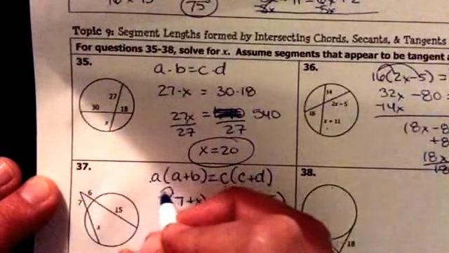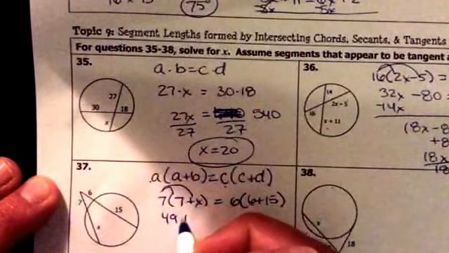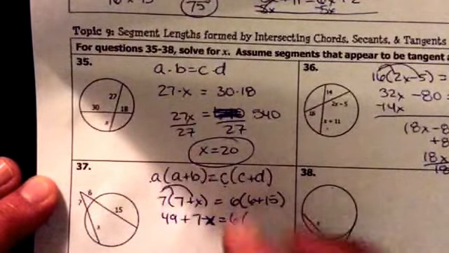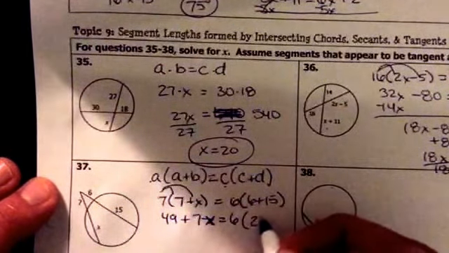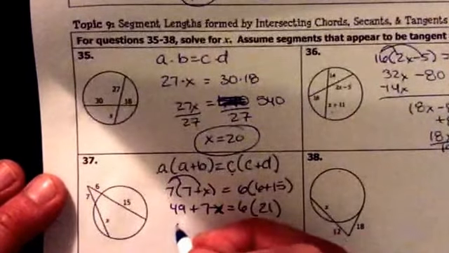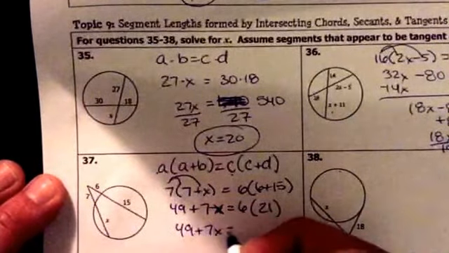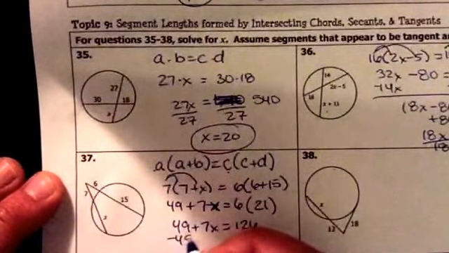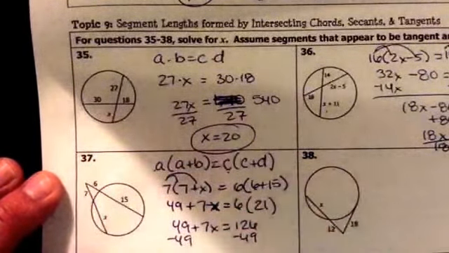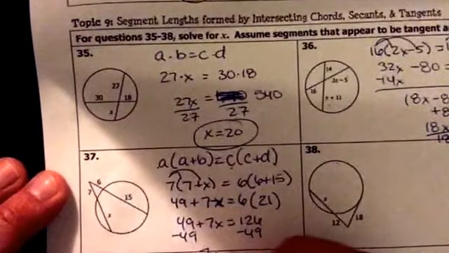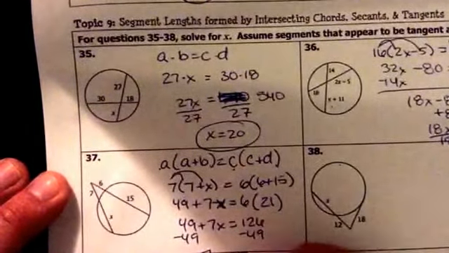I'm going to distribute here. 49 plus 7x equals 6 times, I'm going to combine this right here to make 21. So I have 49 plus 7x equals, I multiplied these to get 126. I'm going to take away 49. 7x equals 77. I divide by 7. X equals 11.